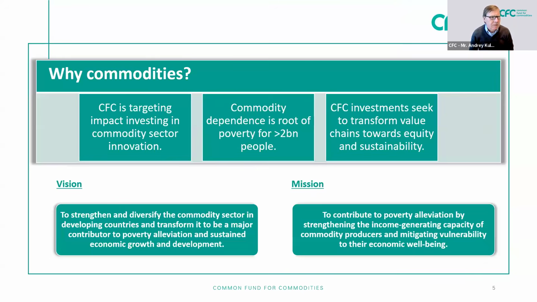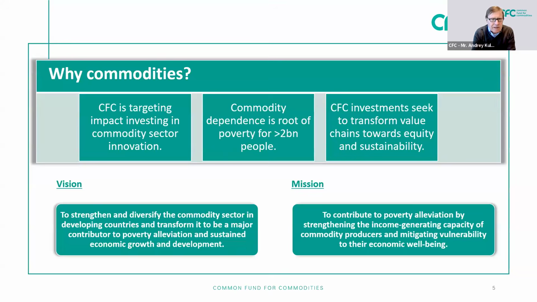Now I'm going to say a few words about our understanding of the development function of commodities. So, in the center, commodity dependence is the root of poverty problems for over 2 billion people worldwide. I have to say it's a very rough estimate, and today the number is probably going to be even greater.